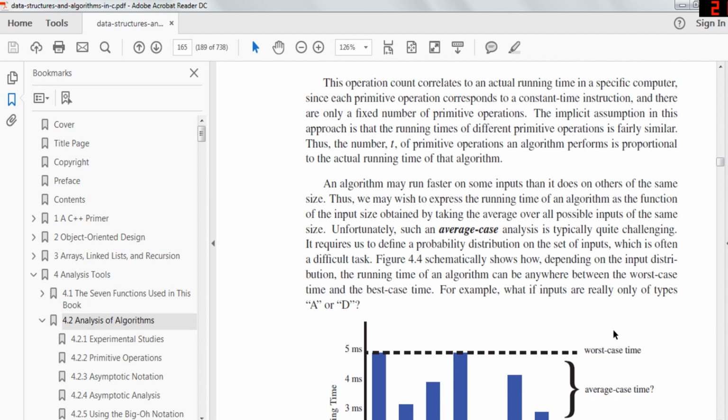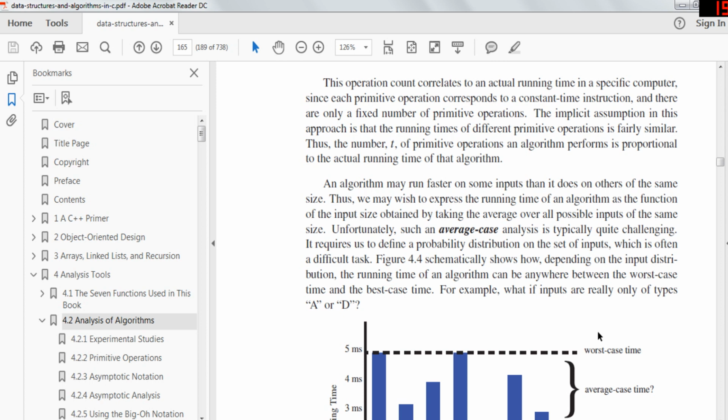Since each primitive operation corresponds to a constant-time instruction and there are only a fixed number of primitive operations, the implicit assumption in this approach is that the running times of different primitive operations are fairly similar. Thus, the number t of primitive operations an algorithm performs is proportional to the actual running time of that algorithm.